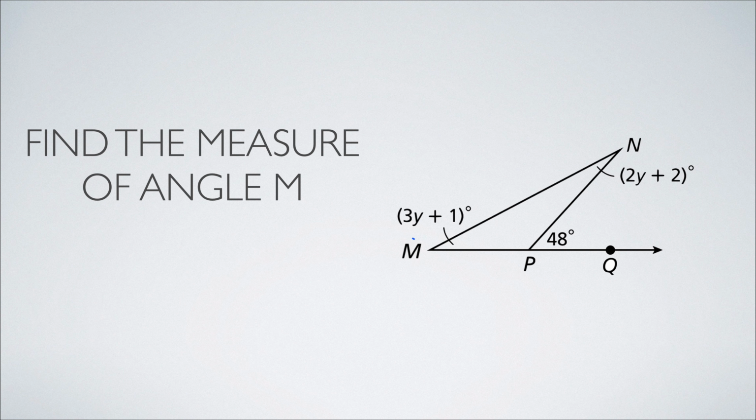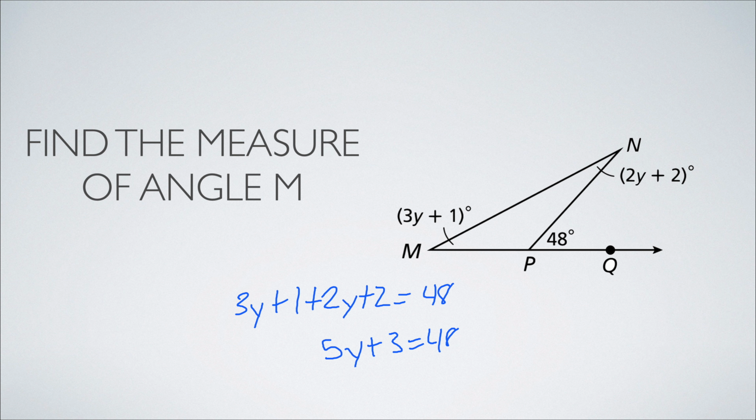So in this case, these two angles are going to be equal to our exterior angle. So 3y plus 1 plus 2y plus 2 is equal to 48. At which point my first step is combining like terms. 5y plus 3 equals 48. And then minus 3, minus 3, 5y equals 45.